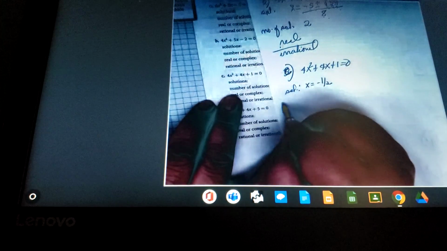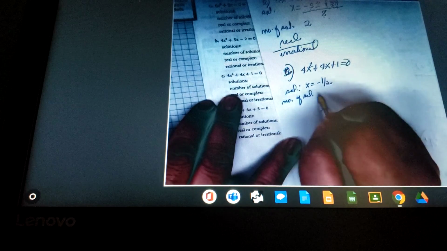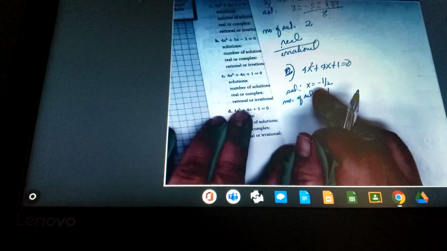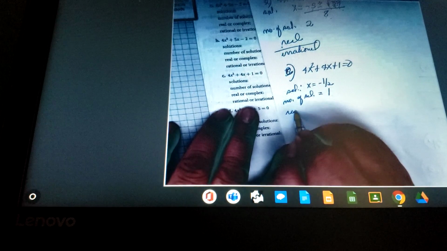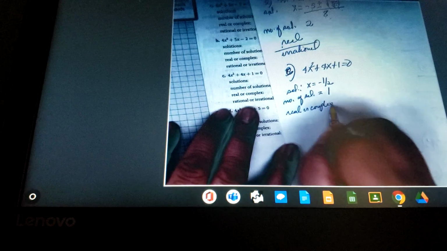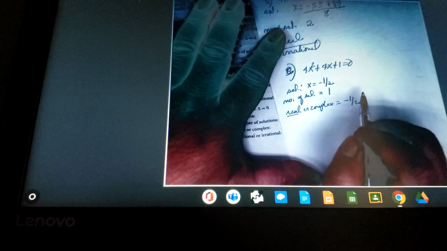Okay. So, number of solutions. 1, because only negative 1/2. Real or complex? Real. Negative 1/2, because negative numbers are also real numbers.